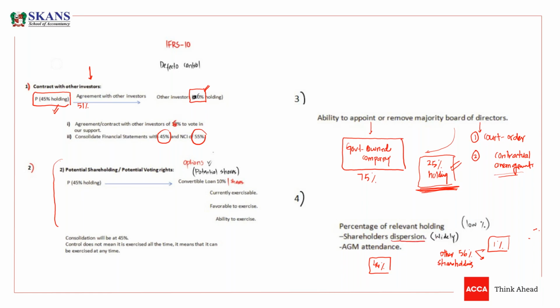Someone is sitting in Turkey, someone is sitting in the UK, someone is sitting in a country where it would not be possible for them to join the AGM to vote in the appointment of directors. So they are widely dispersed and they are not going to attend or vote in the AGM.